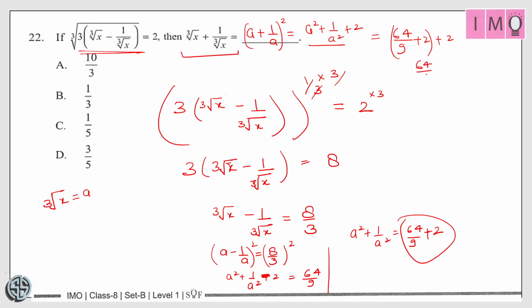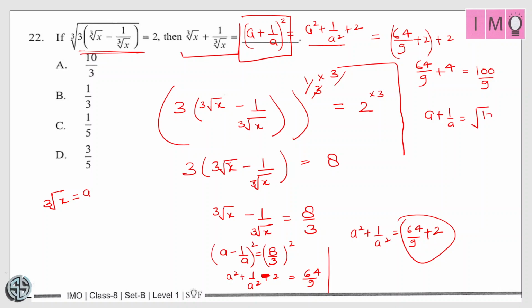So you will get 64 upon 9 plus 4, and 9 fours are 36, and 36 plus 64, you will get 100 upon 9. This is the value of (a plus 1 upon a) whole square. So a plus 1 upon a you will get as the square root of 100 by 9, that is 10 upon 3.